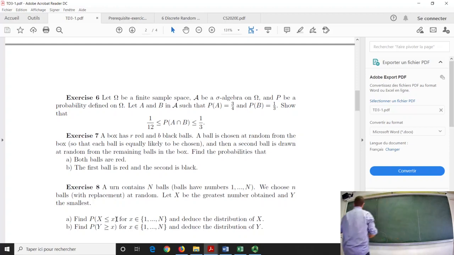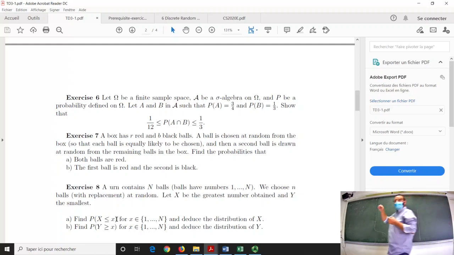Why? Because I know that A intersected with B, by definition, is included in A and is also included in B. And I know that the probability is an increasing mapping, in the sense that if one set is included in another one, the probability of the first is less than the probability of the second.